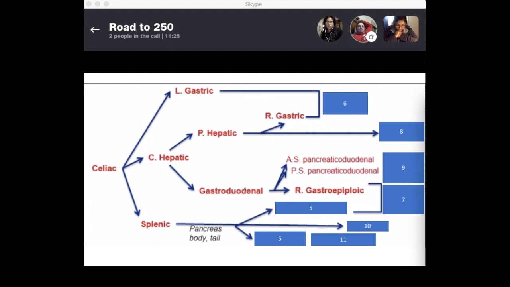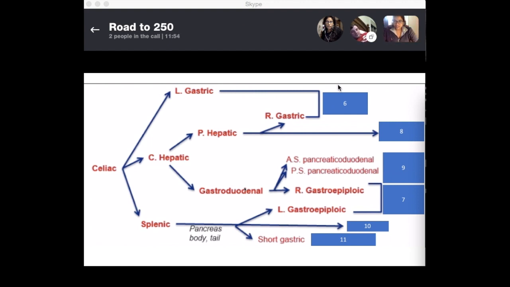You guys know what those ones are that we mentioned earlier? Short gastric. Short gastric, as well as one that connects with the right gastroepiploic, as we see with the little arrow. Left gastroepiploic. Correct. Awesome.